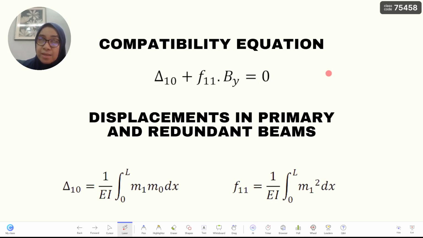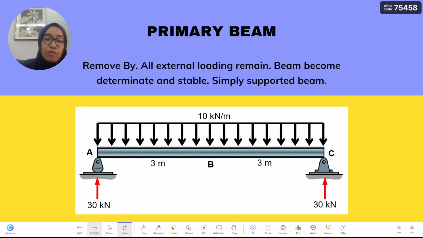We integrate to calculate displacement. So after this is the moment equation. For the moment equation, we will get it from the determinate structure, because after we remove the redundant, the beam becomes a determinate beam.